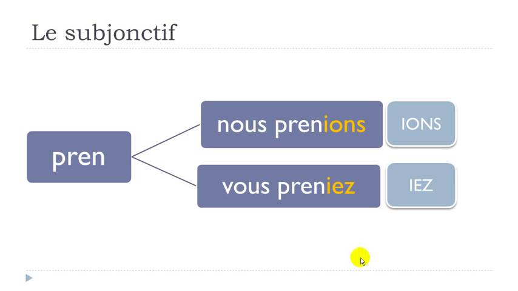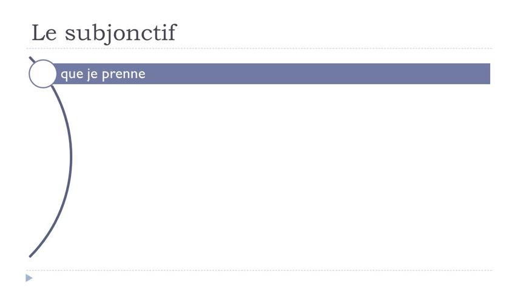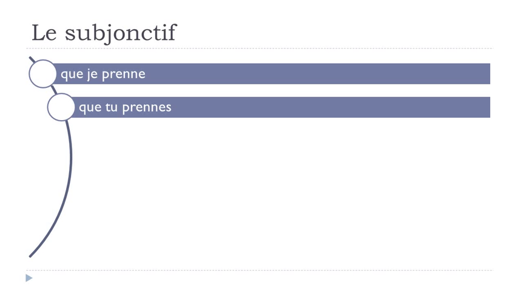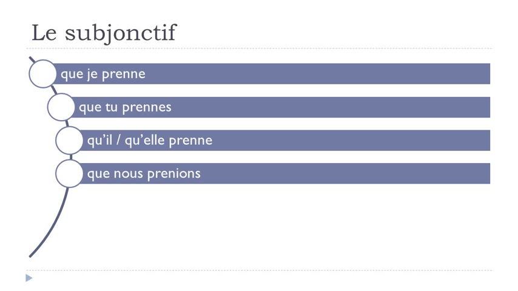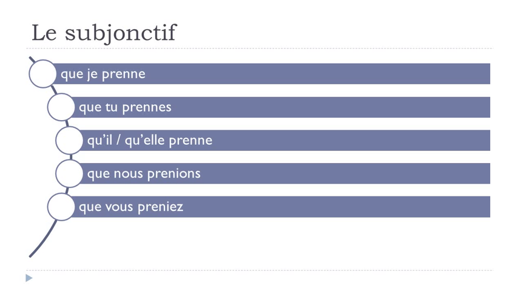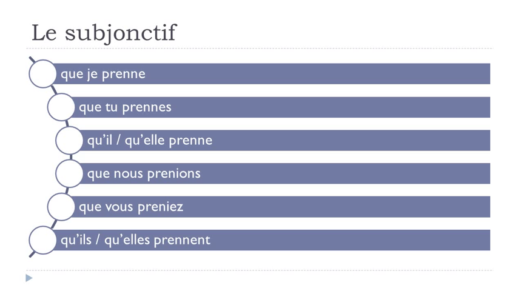Okay, if you remember, it looks quite familiar because it's the ending as well for the imparfait form that we saw a while ago. Okay, so let's have a look now, the full thing. So, que je prenne, que tu prennes, qu'il prenne, qu'elle prenne, que nous prenions, que vous preniez, qu'ils prennent, qu'elles prennent.